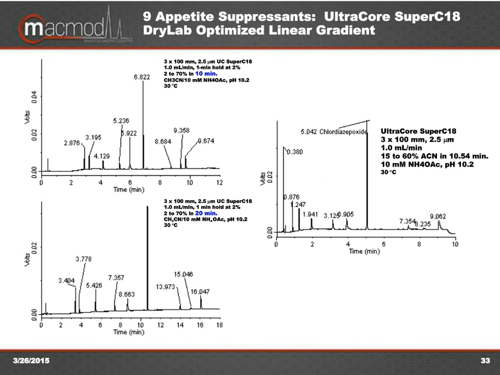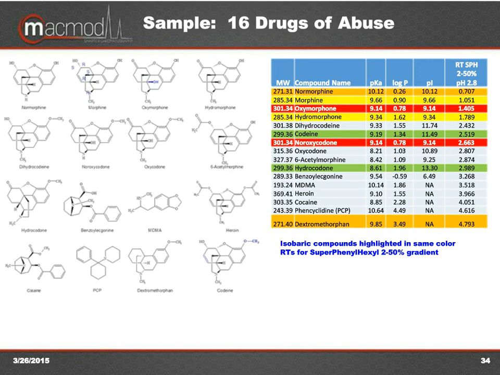The next sample I dealt with was a sample of 16 drugs of abuse, and those include normorphine, morphine, and so on, as shown in the table on the right-hand side of the slide. I've highlighted the compounds that are isobaric, that have the same molecular weight, in the same color.